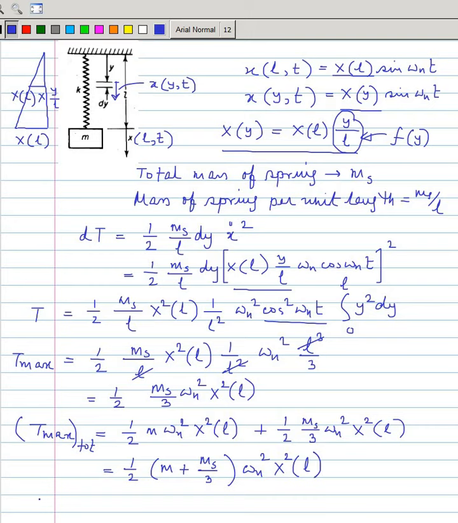And what is that? In place of the mass you have to take this correction, where one third of the mass of the spring will come. So ωn will be root over k by (m plus m_s by 3). So this is one example of Rayleigh's method.